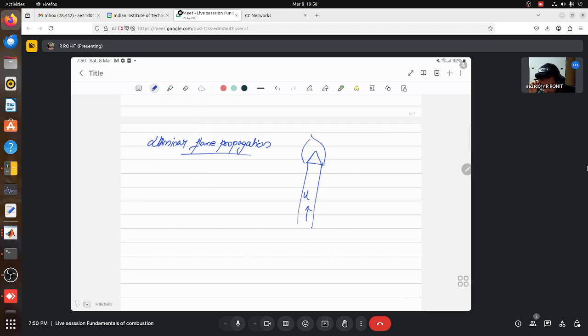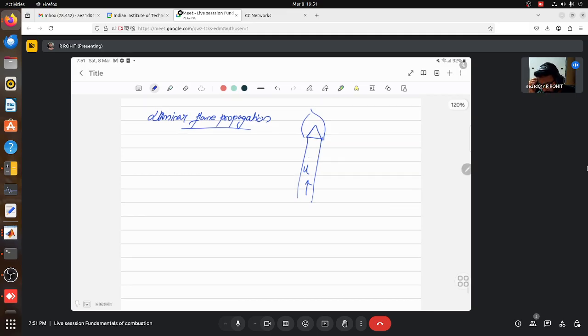If the magnitude of the velocity component normal to the surface is taken as the laminar flame speed, then for the Bunsen burner conical flame, there are different ways: you can either have a conical flame or a flat flame over a burner. For a Bunsen burner flame, if you zoom in, this is your vertical velocity, this is the cone angle, and this is your semi-cone angle alpha.